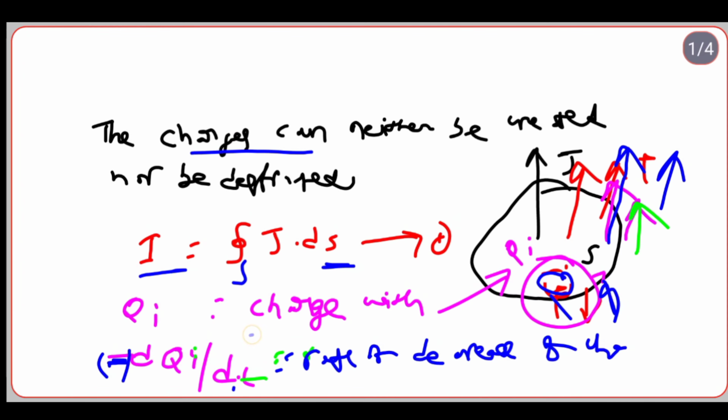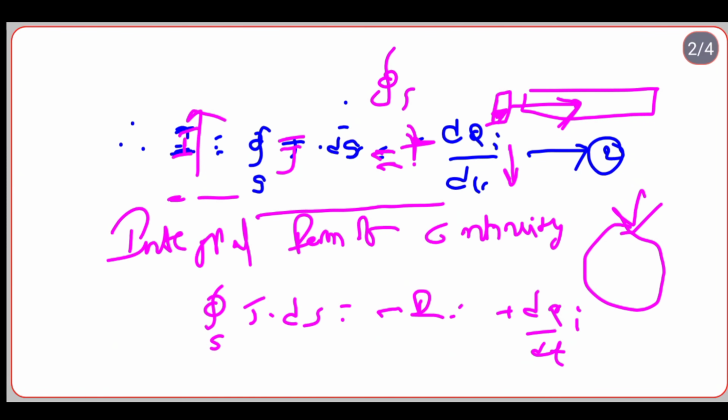The current is in the outward direction, hence there is a small decrease in charge. Let Qi be the charge within the surface. Then minus dQi/dt is the rate of decrease of charge. The minus indicates a decrease.